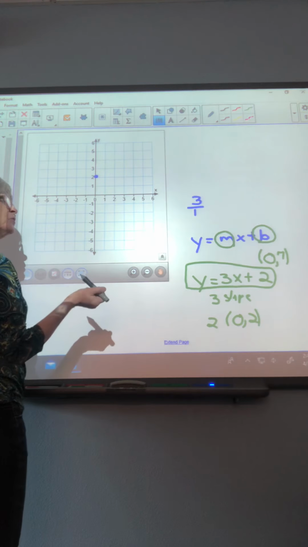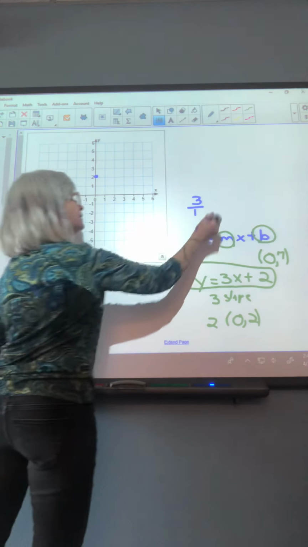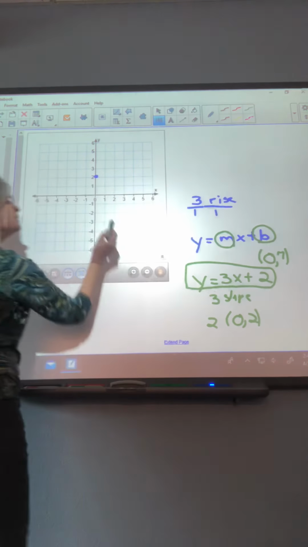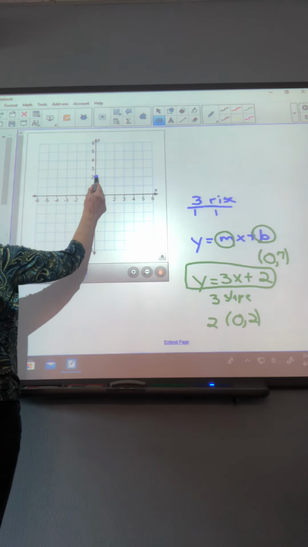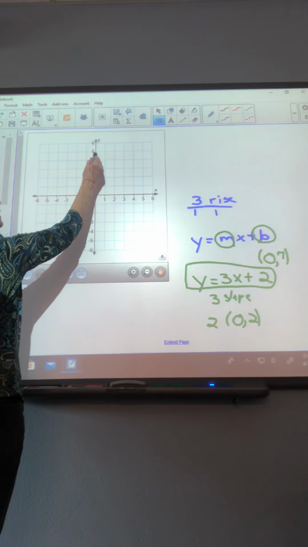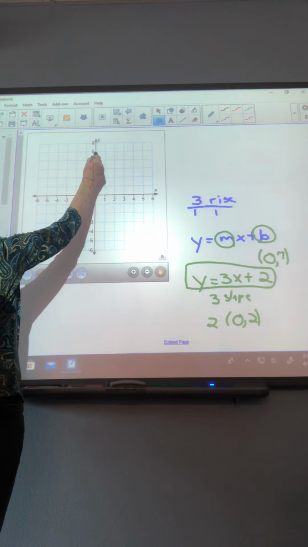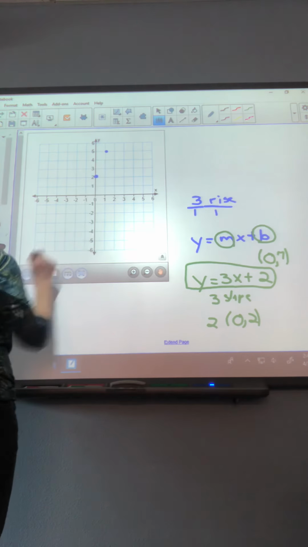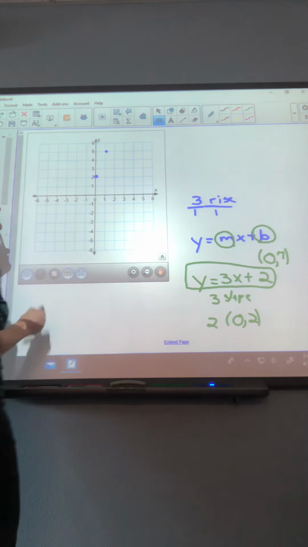So the slope then would be 3 over 1, rising 3, running 1. So I could go up 3 from this point, 1, 2, 3, and then I could run 1. Because it's a positive slope, I know I need to go to the right. Because you can see, oh yeah, it's lifting from there.